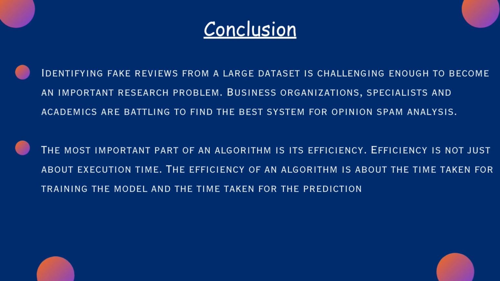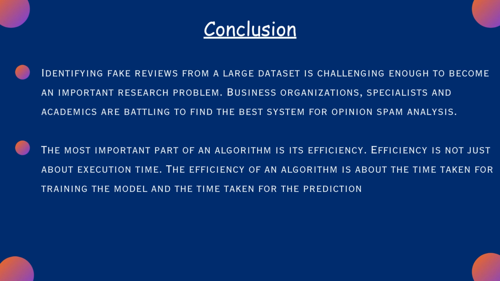Conclusion. Identifying fake reviews from a large dataset is challenging enough to become an important research problem. In this presentation, we have discussed the comparison of two models developed to justify the model performance on the dataset, and how to deploy the models in real-time software.